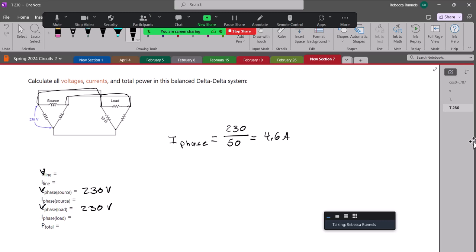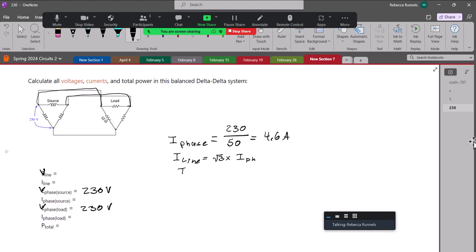Now, in delta, is our line current the same as our phase current? No. Is it bigger or smaller? The square root of 3 times. It's bigger.